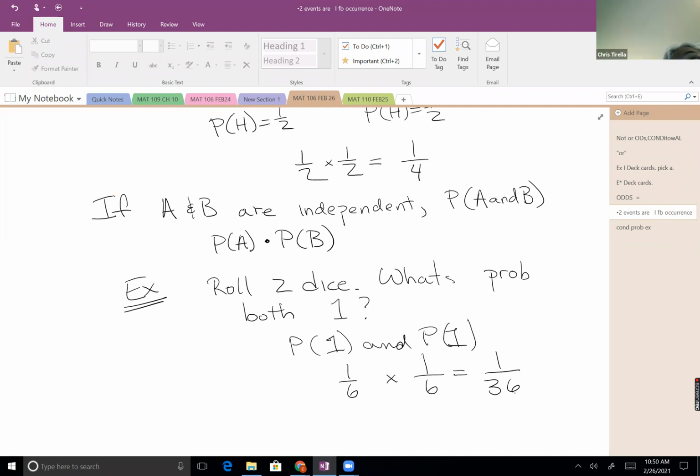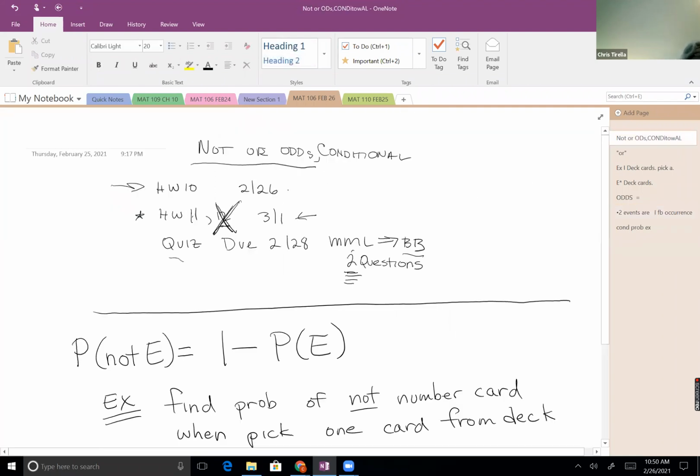The quiz is going to be 2 questions like those on homework 10. I promise I'll never give you a quiz immediately on something that we just learned. That's what the homework is for, for you to practice and get the bugs out before you get quizzed or tested on it.